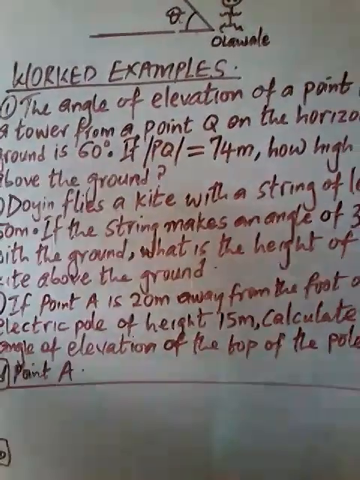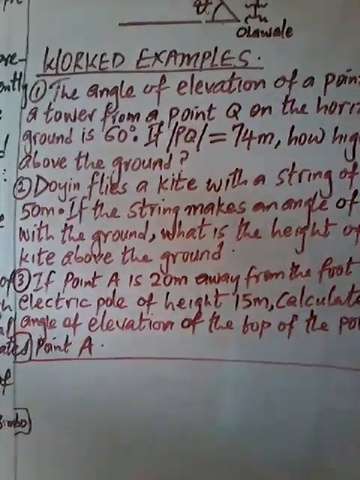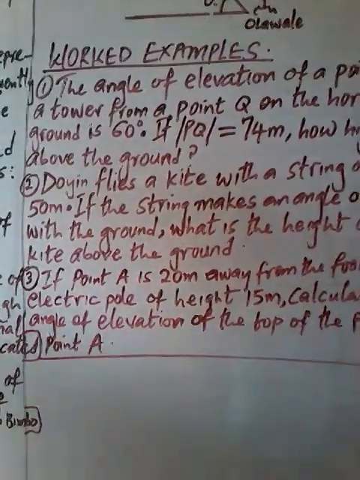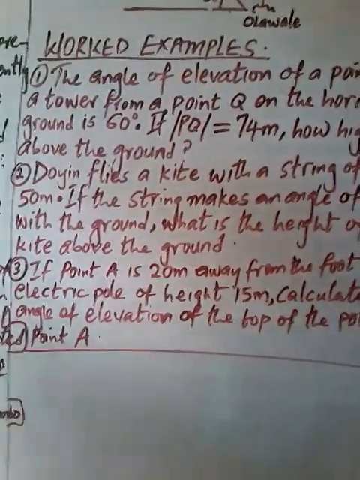It says the angle of elevation of a point P on a tower from a point Q on the horizontal ground is 60 degrees. You know what they call a tower? A tower is like your telecommunication mast. A tower is a very, very tall object.